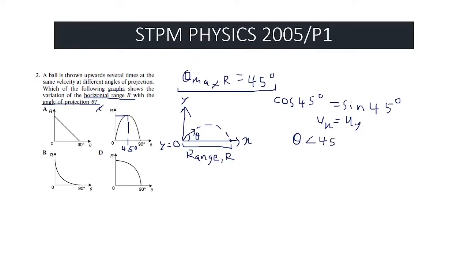When theta is less than 45, uy will be smaller than ux. But the problem here is the maximum height will also be smaller because the contribution to uy is smaller, and the object will reach y equals 0 much faster, so this will cause the range to decrease.